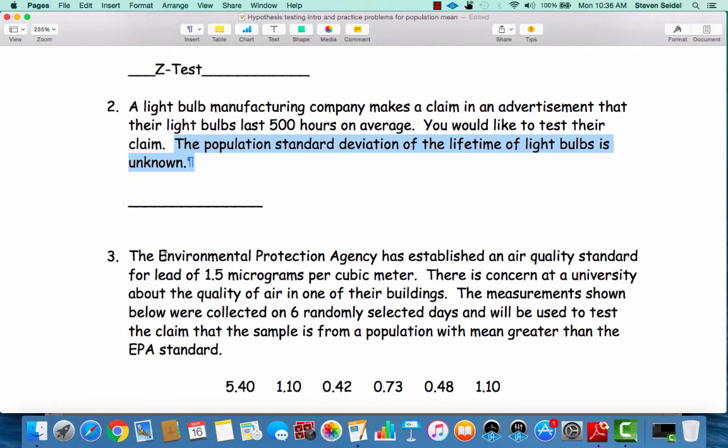The measurements shown below were collected on 6 randomly selected days and will be used to test the claim that the sample is from a population with mean greater than the EPA standard. I'm going to tell you that this is the EPA's claim.